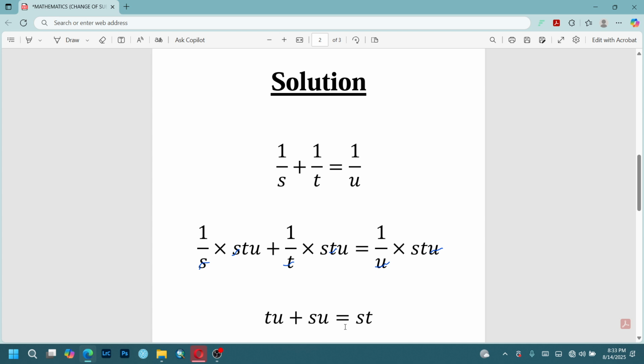So this positive SU, when it crosses the equal to sign, will become negative. So we are going to have ST minus SU.